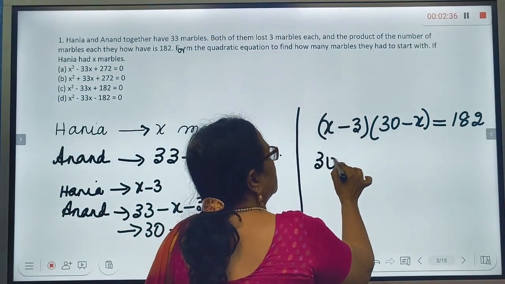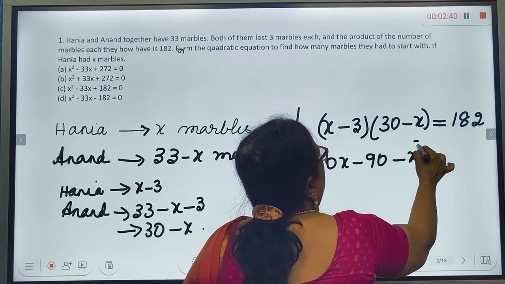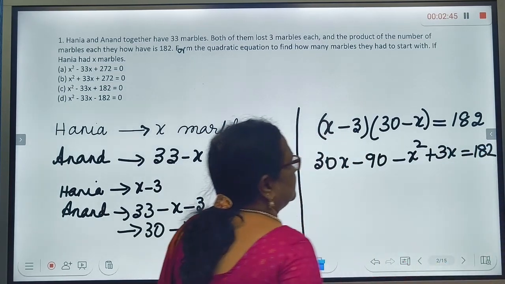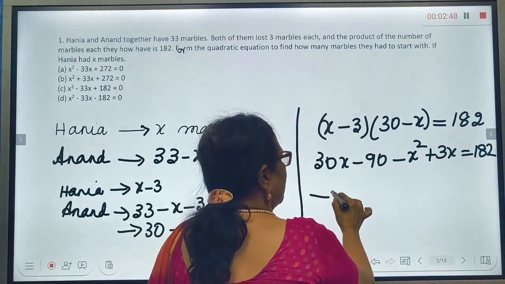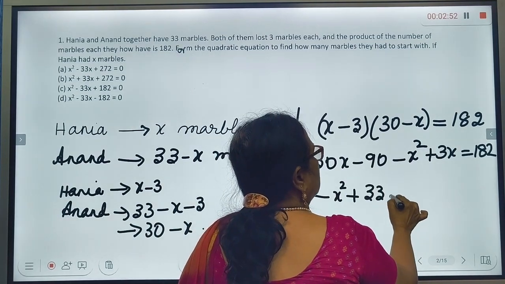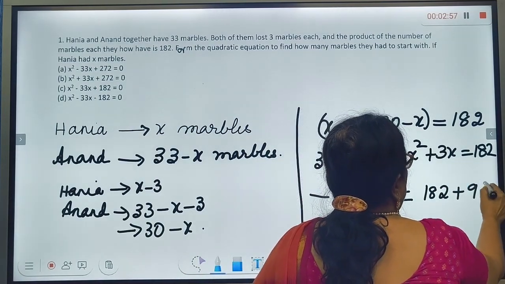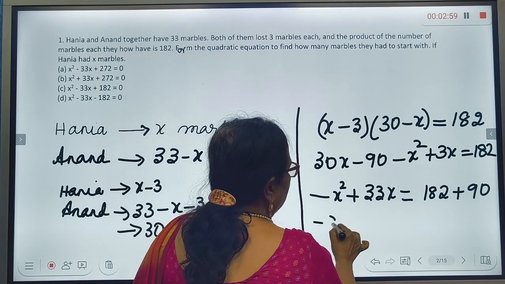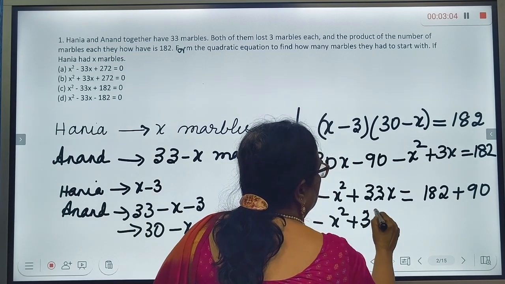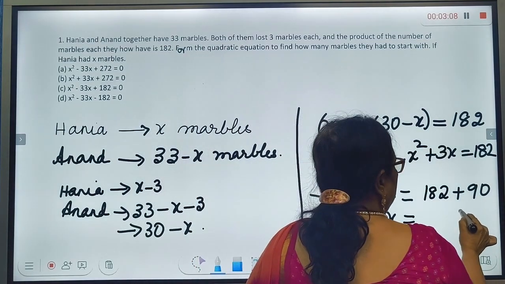You will get 30x minus 90 minus x square plus 3x equal to 182. So minus x square, 30x plus 3x is 33x, is equal to 182 plus 90. So this is minus x square plus 33x equal to 182 plus 90.